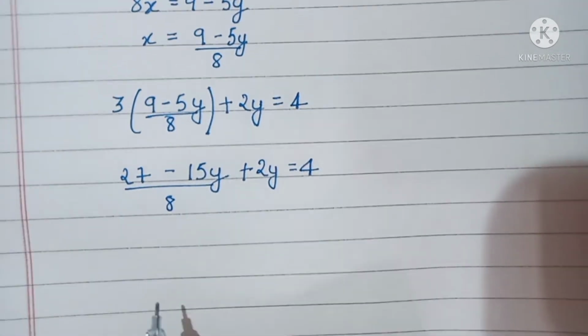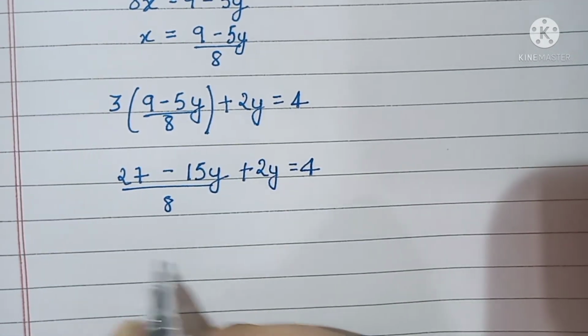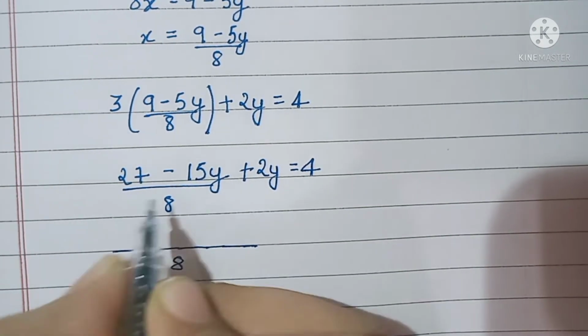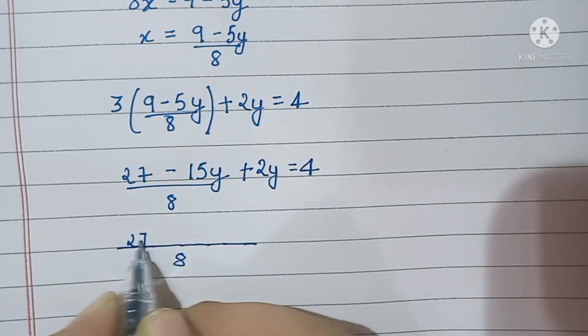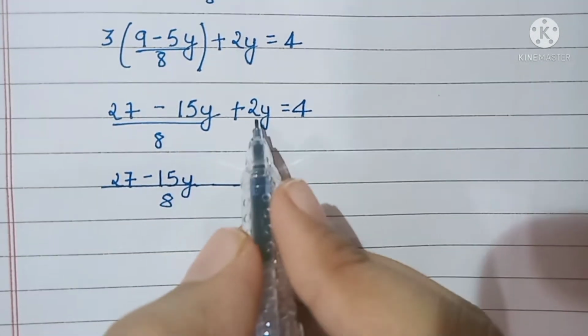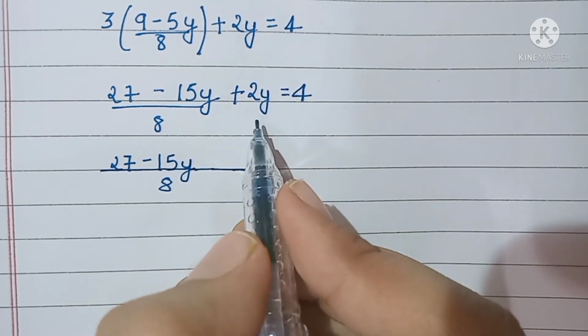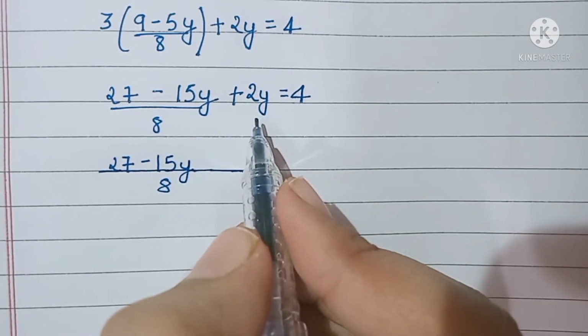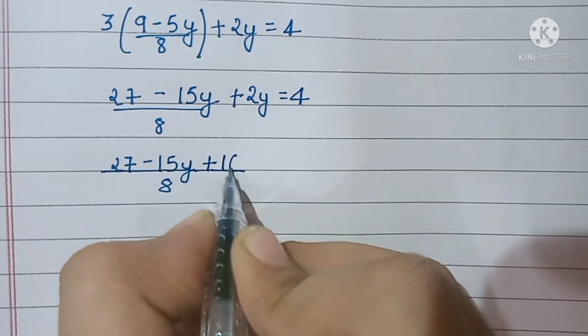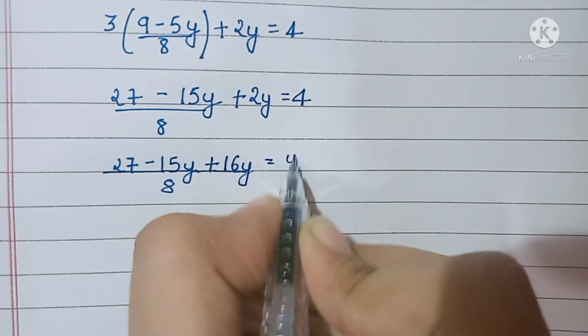Now we will take the LCM as whole. So 27 minus 15y will be copied and there is nothing below 2y, so it is 1. 1 divided by 8 is 8 and 8 into 2y is plus 16y is equal to 4.